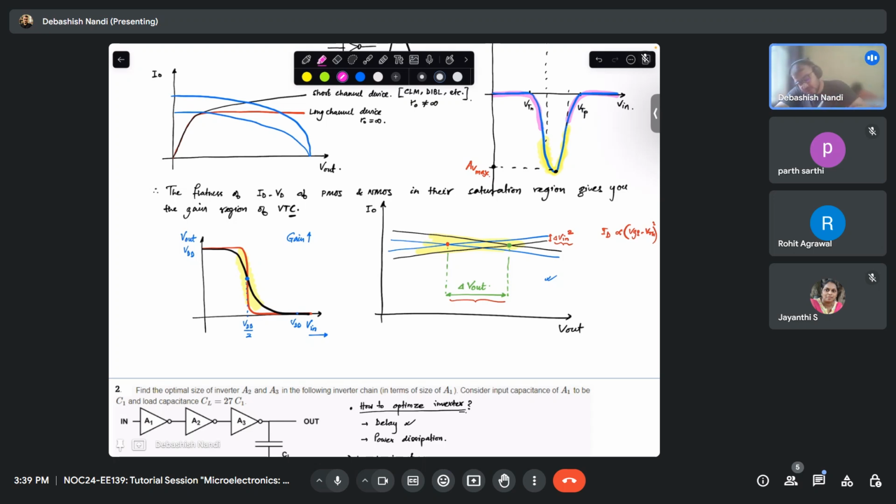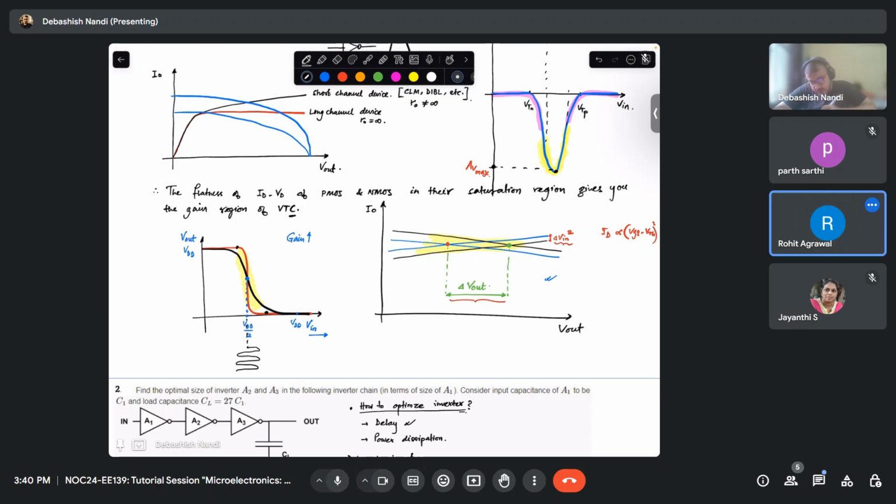Now suppose this is your bias point, where you have biased, and you have an input signal swing like this. If your input signal is not small enough, a slight shift will take your output to these points in the red plot.